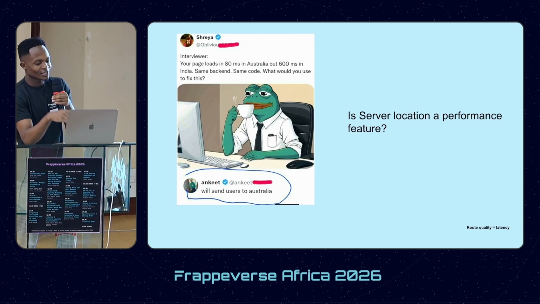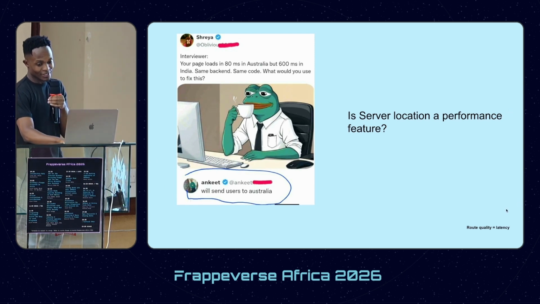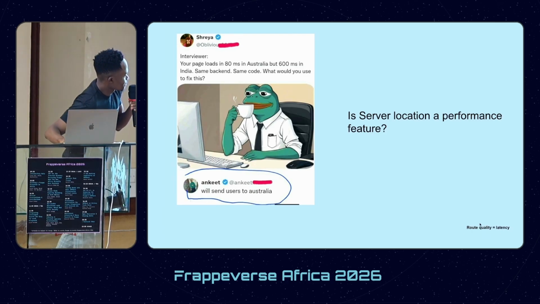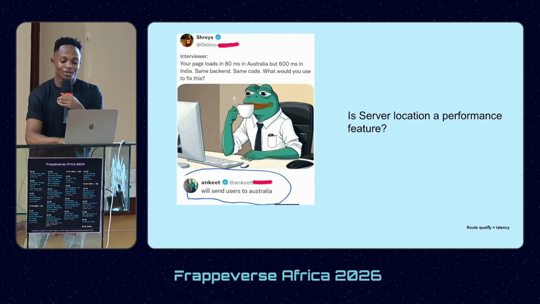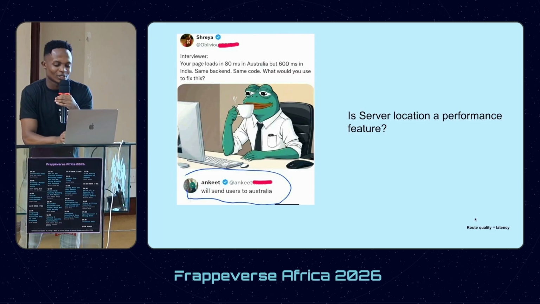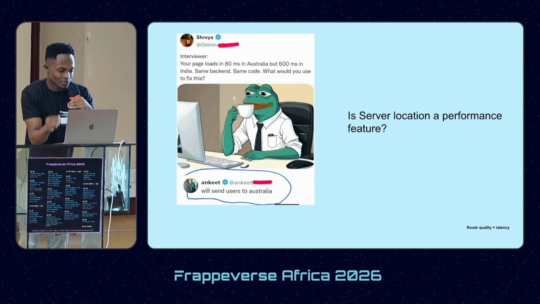I really don't have a perfect answer for that. I'm not really sure if the server location is one of the performance measures, but that's an assignment. Maybe you can do that on your own.